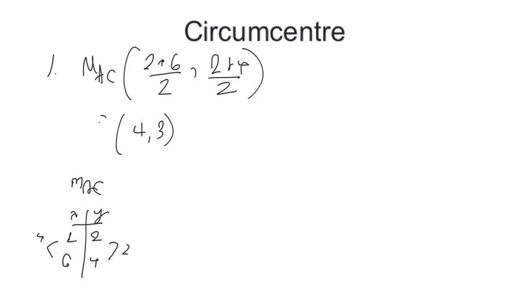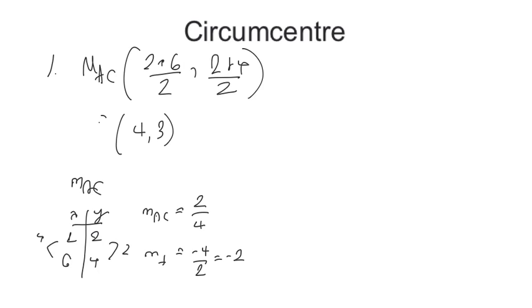So my slope of AC equals 2 over 4. What I'm actually after though is the perpendicular slope, and that's going to be the negative reciprocal, or negative 4 over 2, or in simplest terms, negative 2. Okay, so there's my slope and my midpoint.